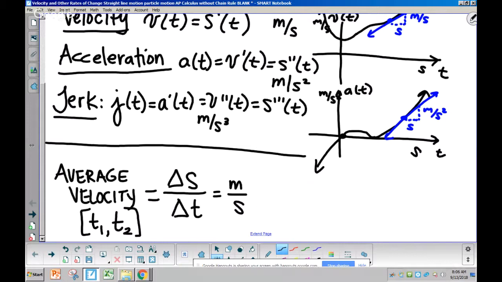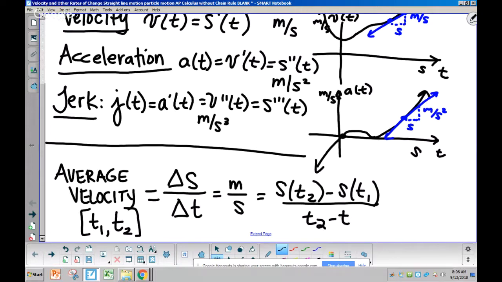So if it's meters over seconds, that means it's the change in position over the change in time, which is nothing more than a slope, right? We know we say dy over dx to find the slope. So this would equal s of time 2 minus s of time 1 all over time 2 minus time 1. And that's the slope of the secant line to the position function between those two times.